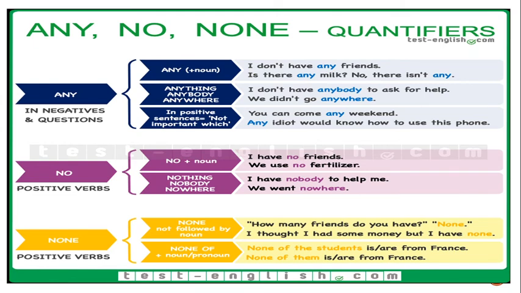I thought I had some money, but I have none. So none is not followed by a noun. Other quantifiers are followed by a noun, but here none is not followed by a noun. None of is followed by a noun. None of the students, none of them. So whether pronoun or noun, we have to use it.